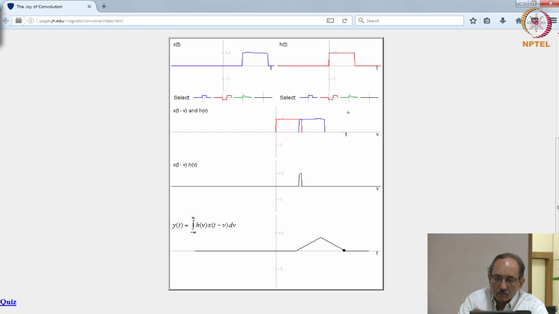And the final point I want to illustrate is, remember I had mentioned that convolution is a smoothing operation because it involves integration or summation, integration in the CT case and summation in the DT case.